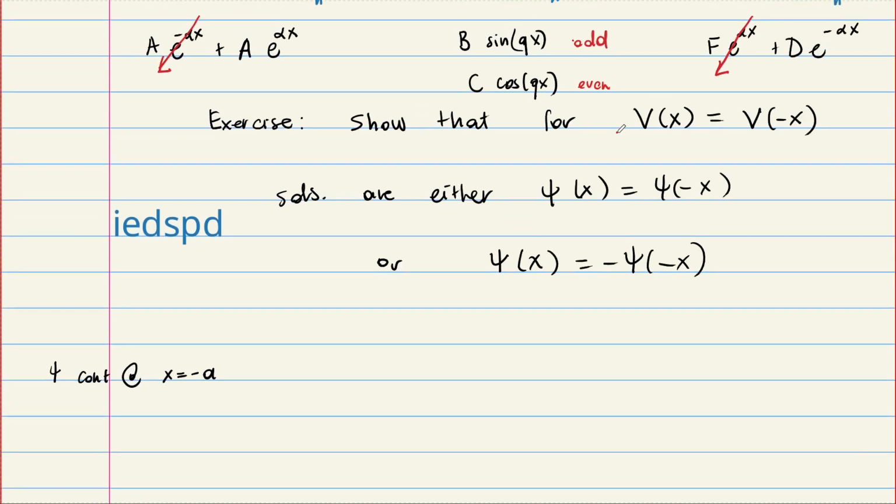The even solution gives me A times e to the minus alpha a is equal to c cosine qa, and the odd solution gives me A times e to the minus alpha a is equal to b times sine qa. Good.